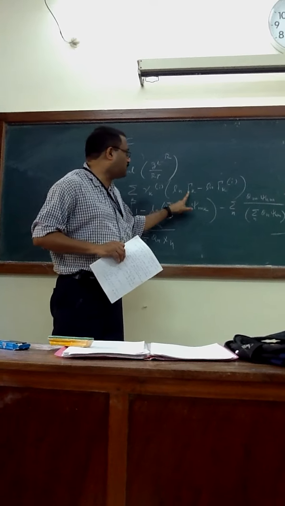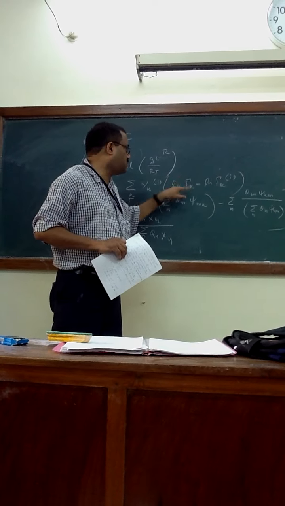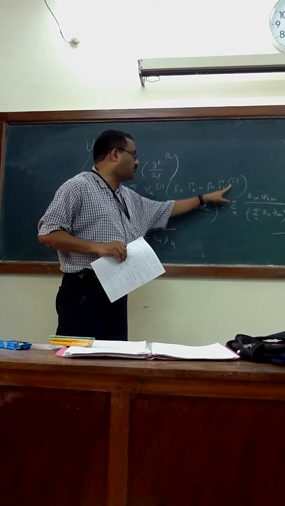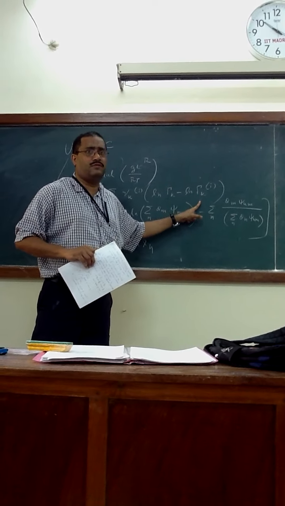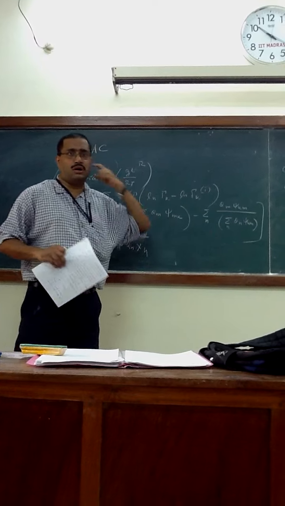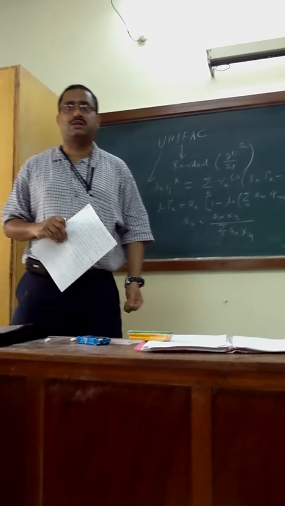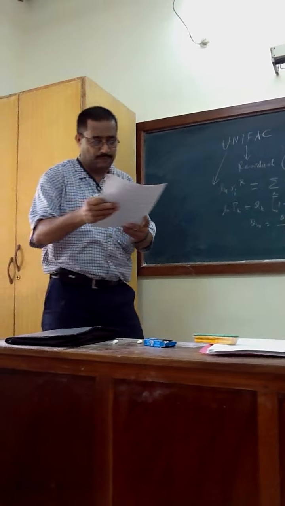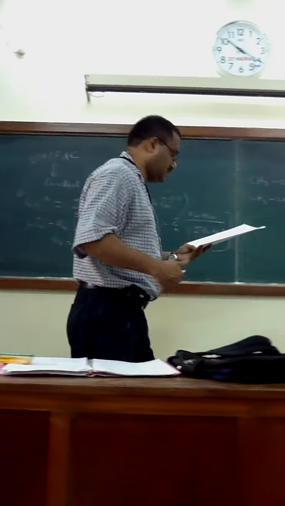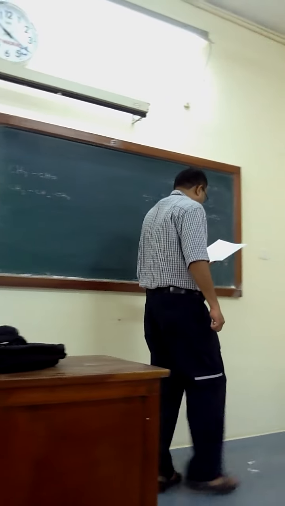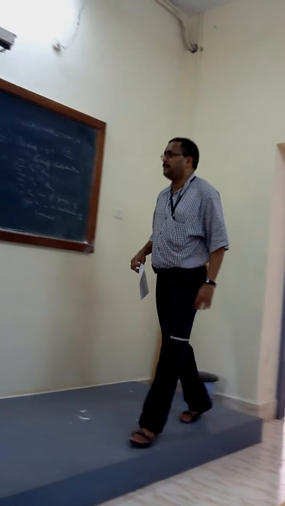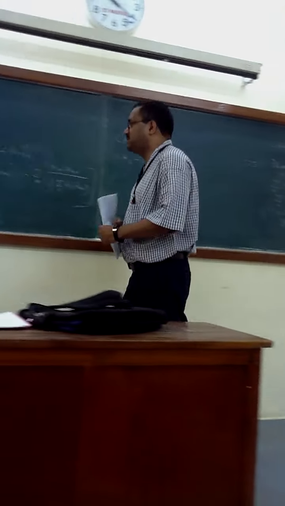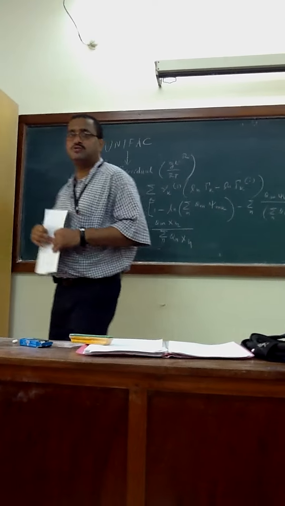The CHO group in the first component and the second component will differ. That's the way. Once we do the problem from the book or Sandler, we'll appreciate it. So Gamma_k is nothing but the residual activity coefficient of group k in a reference solution containing only molecules of type i. The definition of these symbols should be quite clear once you do the problem.